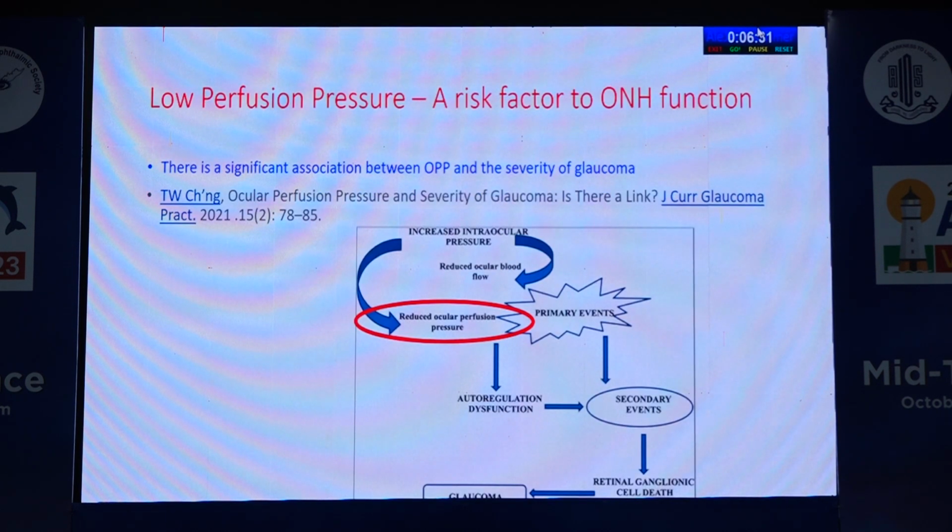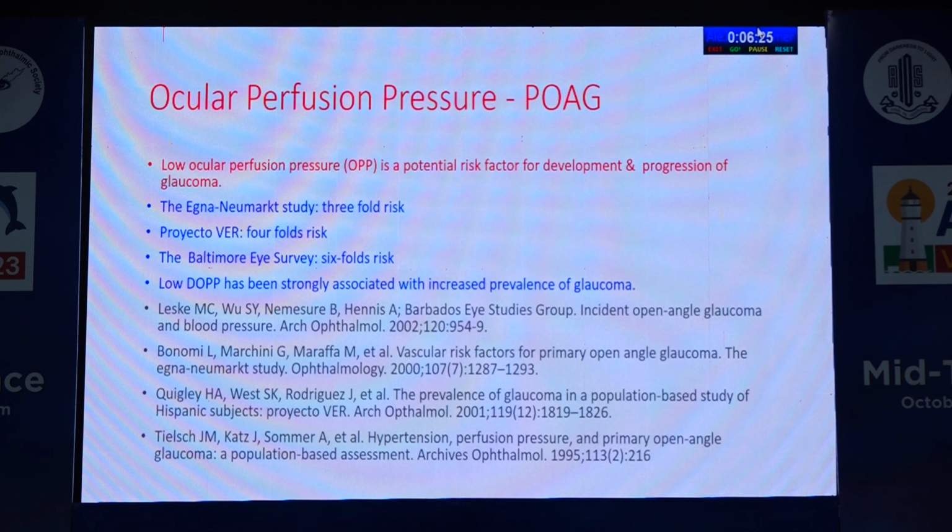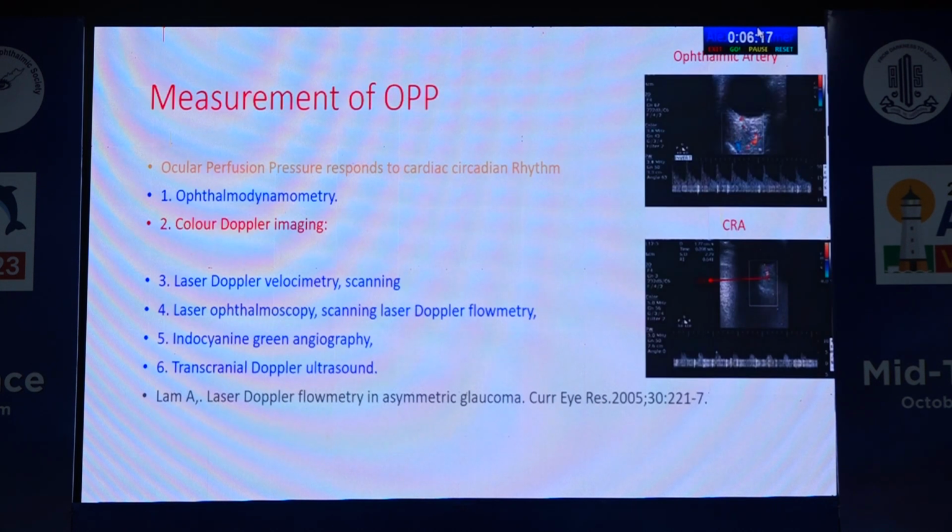Low perfusion pressure is a definite risk factor for optic nerve head function, and low ocular perfusion is a potential risk factor for the development and progression of glaucoma as per all these four studies conducted.